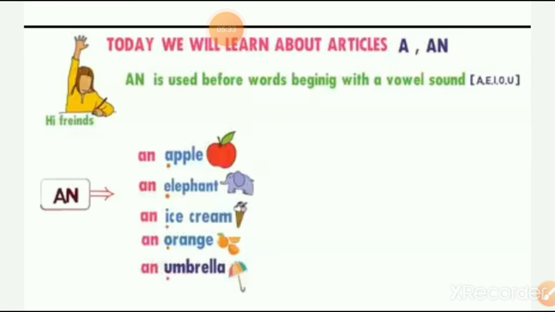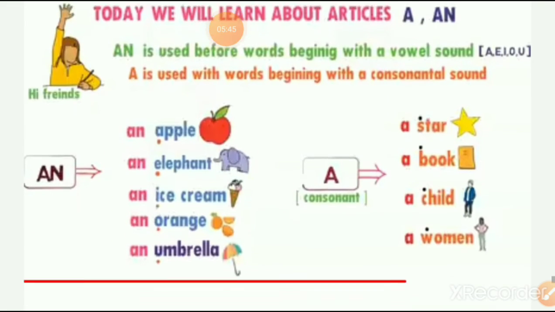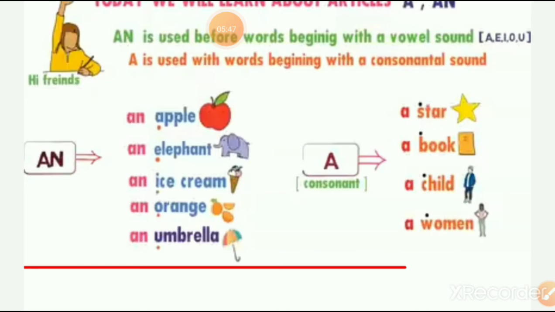The first letters of these words are vowels, so here we use the article an. Okay, now I hope you understood, students. Now we use a before consonants, like a star, a book, a child, a woman. So S, B, C, W, these are consonants.